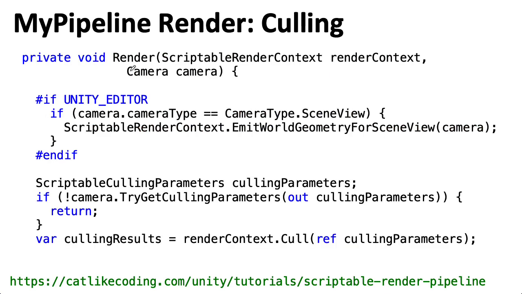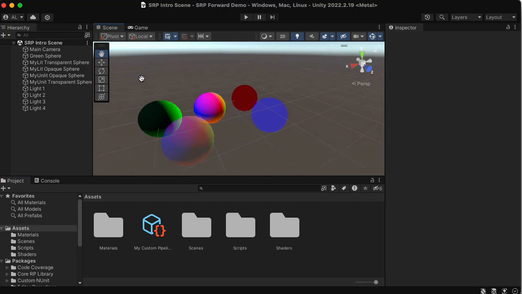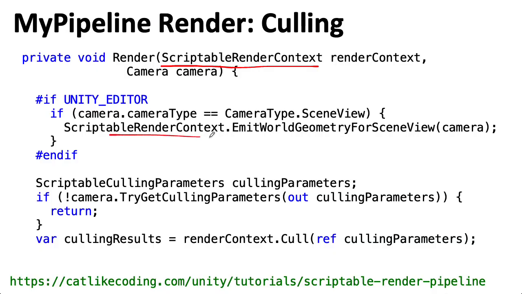So here's the main guts of our code, the render function for a single camera. Before we do anything else, there's a tweak we might want to make to the scriptable render context that gives it the ability to operate in the scene view. That's this line here with the EmitWorldGeometryForSceneView method.